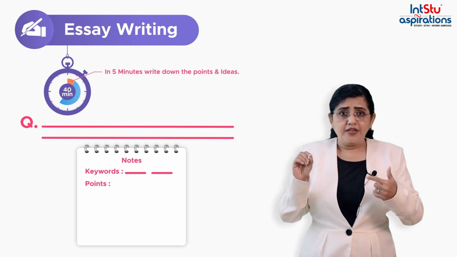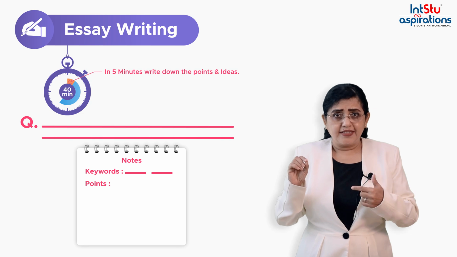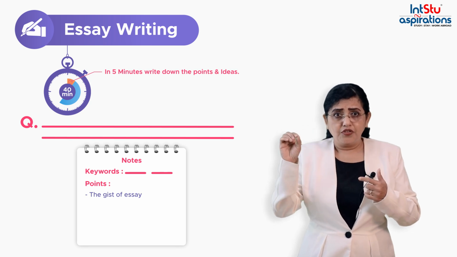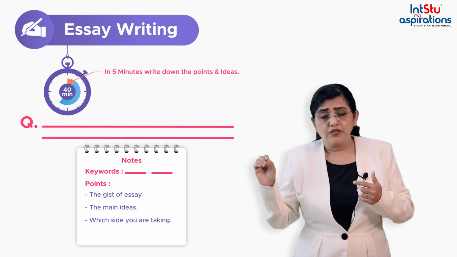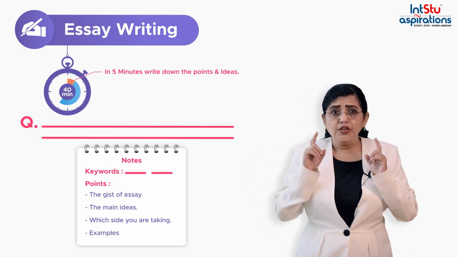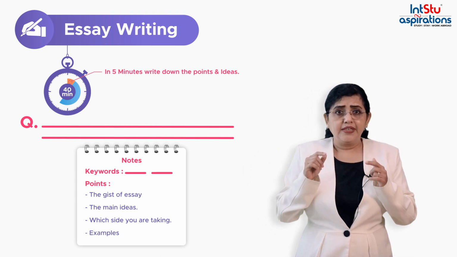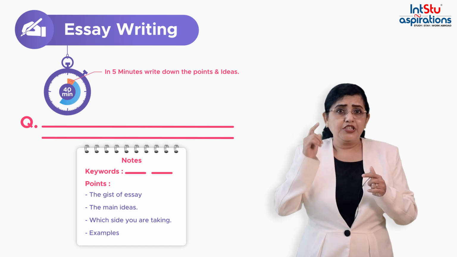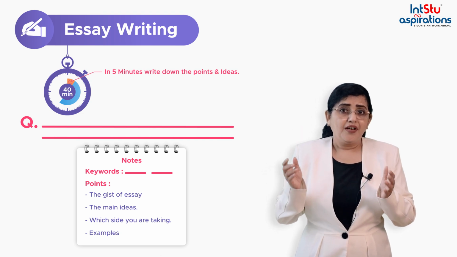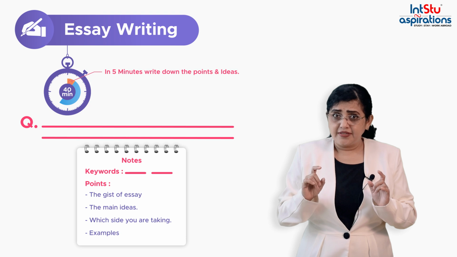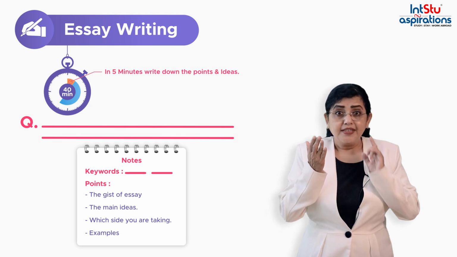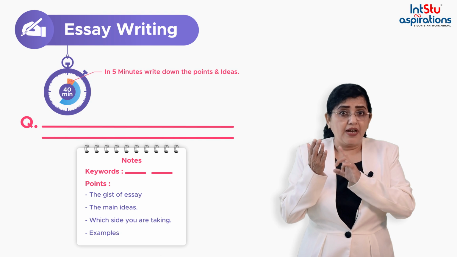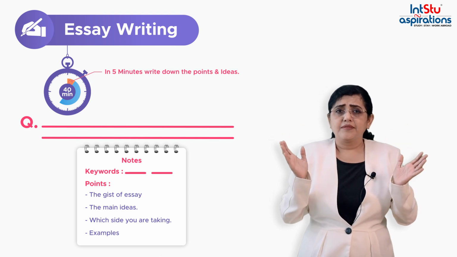The main points required for your essay, the gist of your essay, the main ideas, which side you are going to be on with examples. We will look into this in detail with examples when we do each type of essay separately. You will jot down these points at the back of your question paper. This area will not be evaluated, so don't worry.